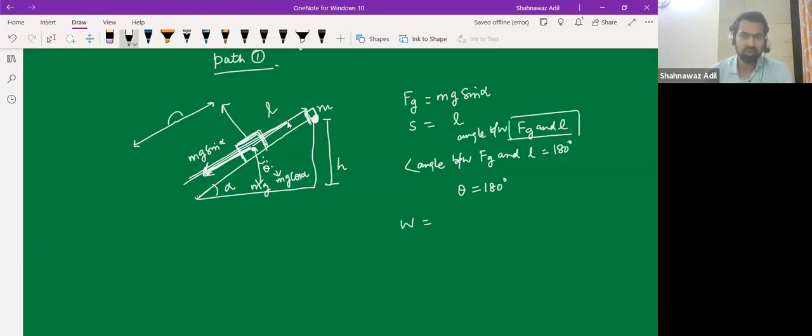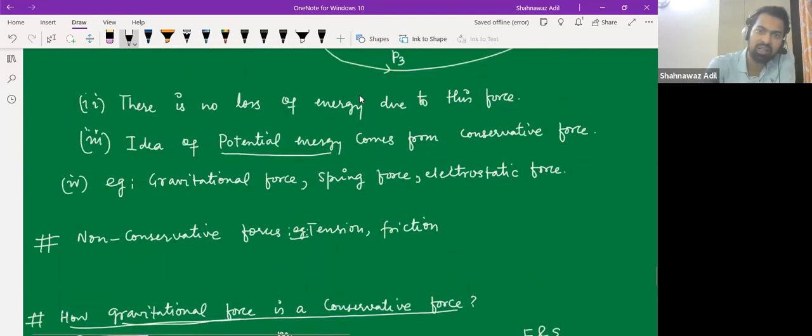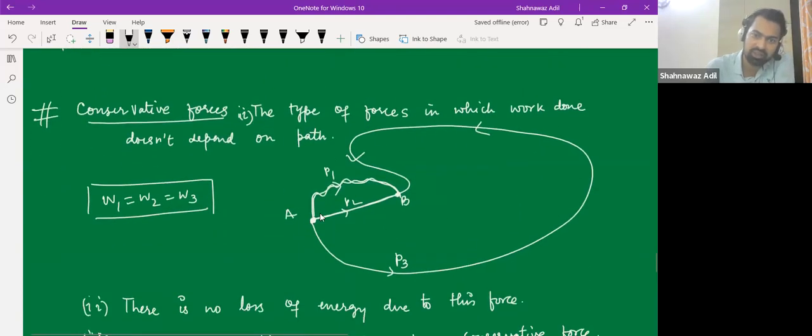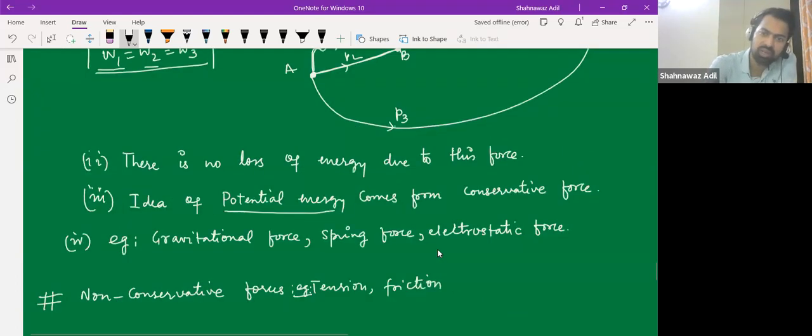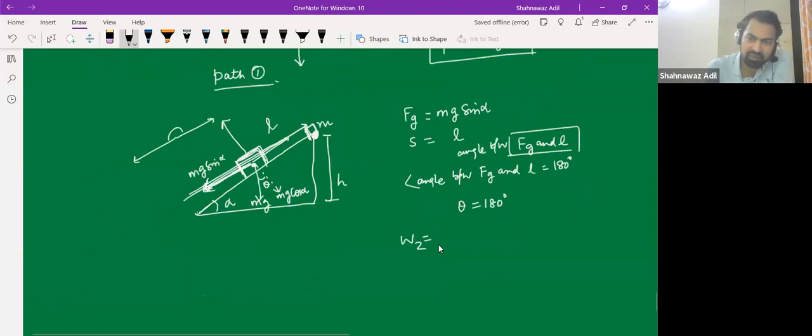So work done should be the same, right? Whatever path we choose for the conservative force, the work done is the same, right?